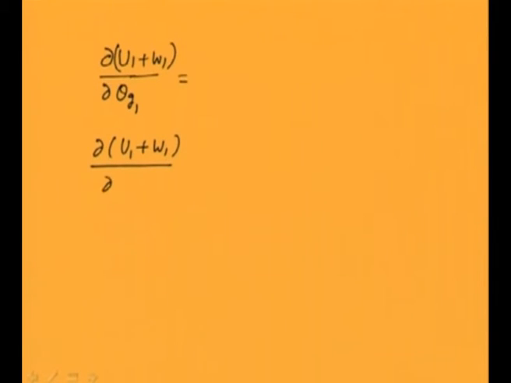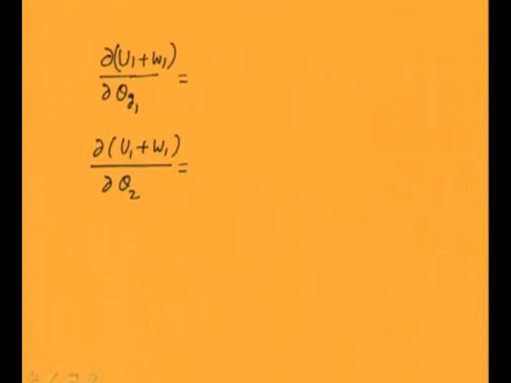Now we can use the Lagrangian equation to obtain the equation of motion. For the Lagrangian equation we need to differentiate the strain energy plus the work done with respect to the variables which we have, that is theta G1 and theta 2.